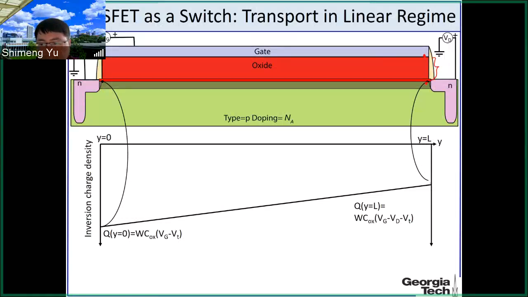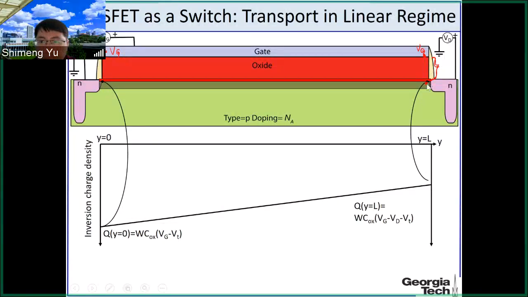Let's look at the drain side. y equals L at this point. What is the voltage difference here? So you apply gate voltage, and the gate voltage should be uniform. Let's say that towards the drain side and towards the source side, you both have Vg. It's the same terminal.